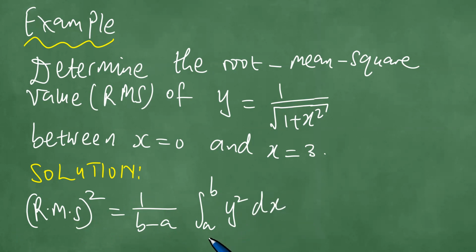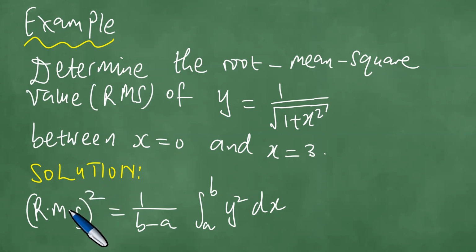So this is the formula of the root mean square. And so now we're going to calculate here between exactly the values given, between x equals 0 and x equals 3.